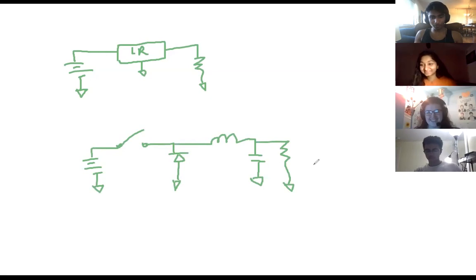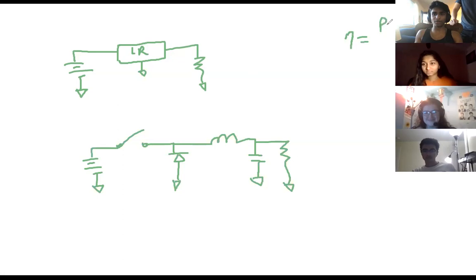So assuming that these two inputs are the same, and these two loads are the same, we're claiming that the buck converter will have a higher efficiency than the linear regulator. And the reason for that is we can use this equation. So efficiency, represented by η, equals power out over power in.